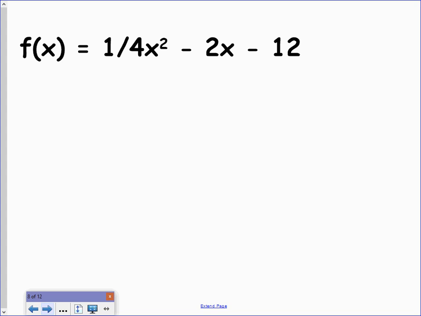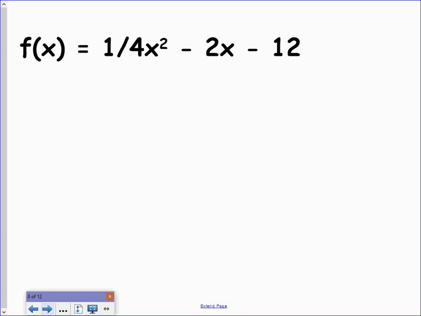F of x equals 1/4 x squared minus 2x minus 12. Tell me something that is different about this problem. The coefficient in the very front. That's going to cause a problem for us, whether it's a fraction or another number.